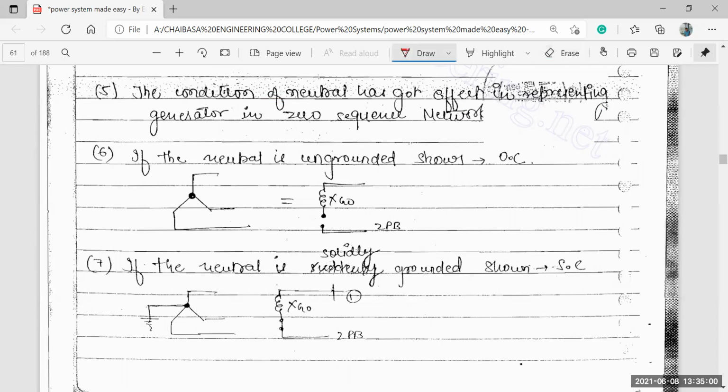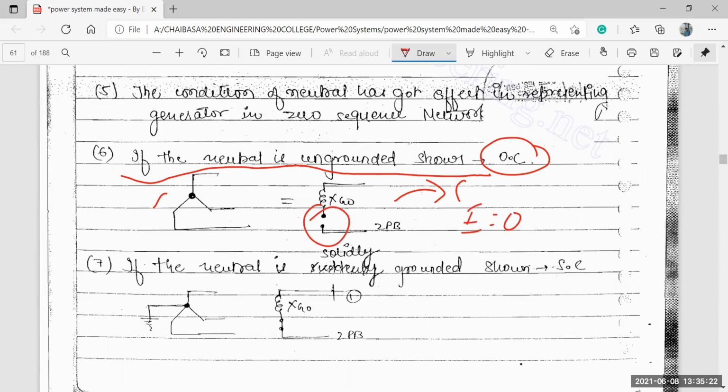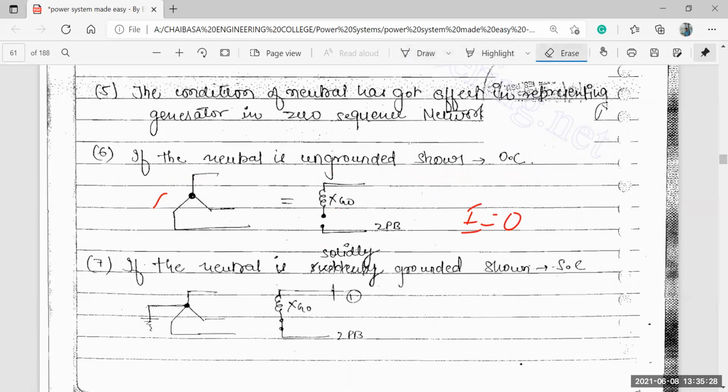If the neutral is ungrounded, the source is open circuited in the representation. It shows an open circuit, which means your E would be 0. You will not represent it at that particular point and it will be open circuited.